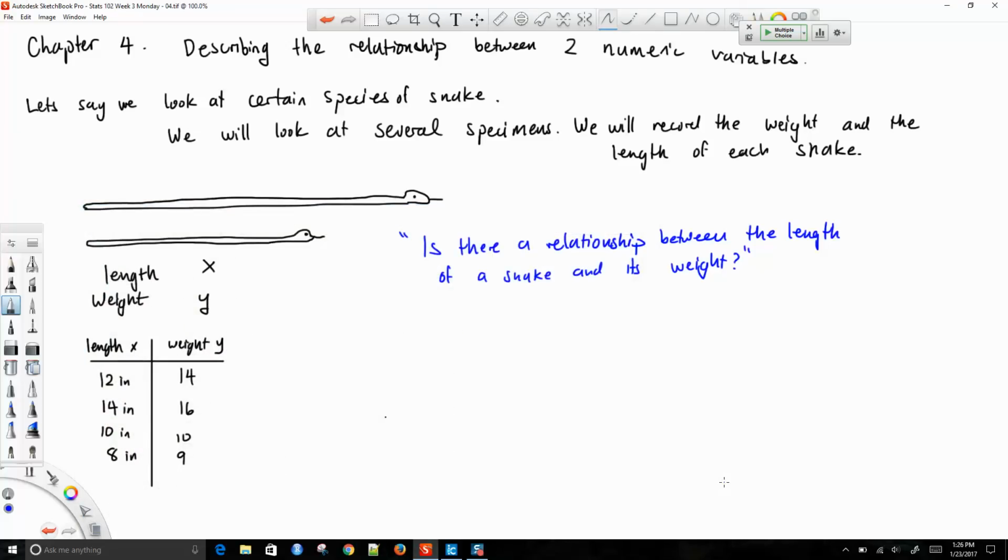Just thinking about this, if we look at snake A versus snake B, which one do you think is going to weigh more? Snake A, right? All of these questions I've been asking are too easy. So yes, we expect longer snakes to weigh more than shorter snakes.